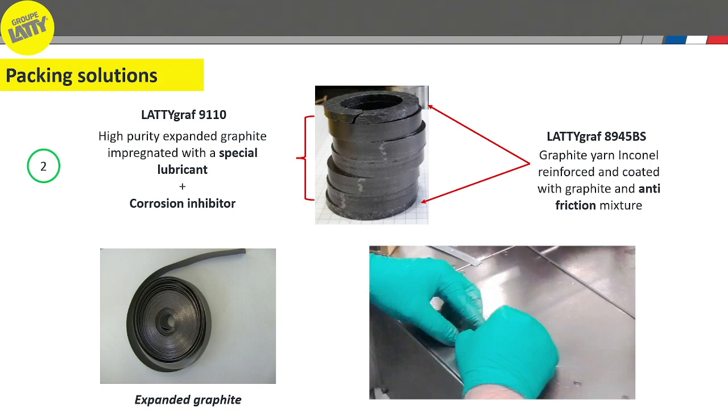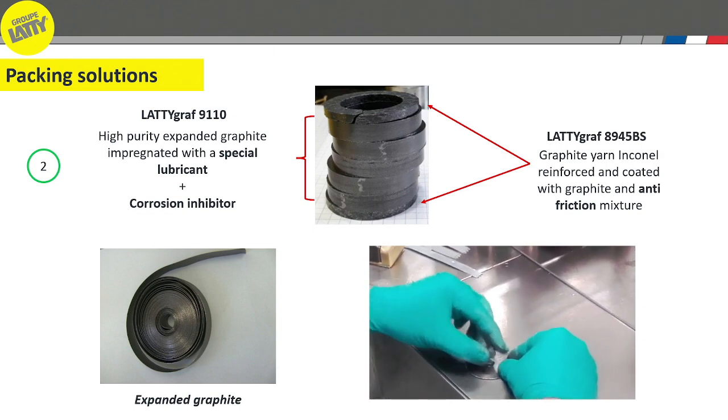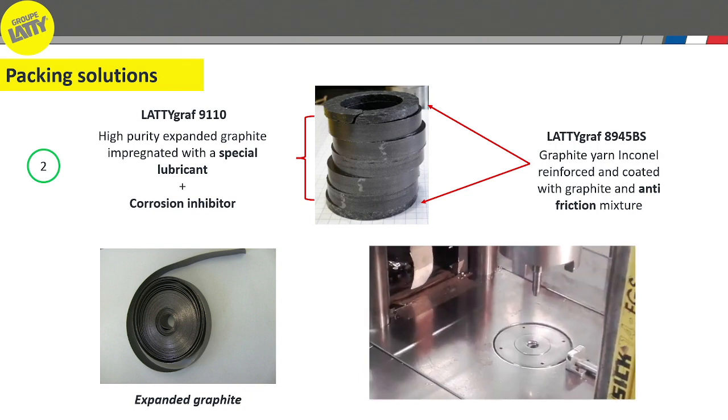For the end ring, we kept the same solution with the Latigraph 8944 BS. The pre-compression can be made in different ways. Here we have a semi-automatic manner, to show you how the lubricant-impregnated expanded graphite is manufactured. Here we have an example of small rings.